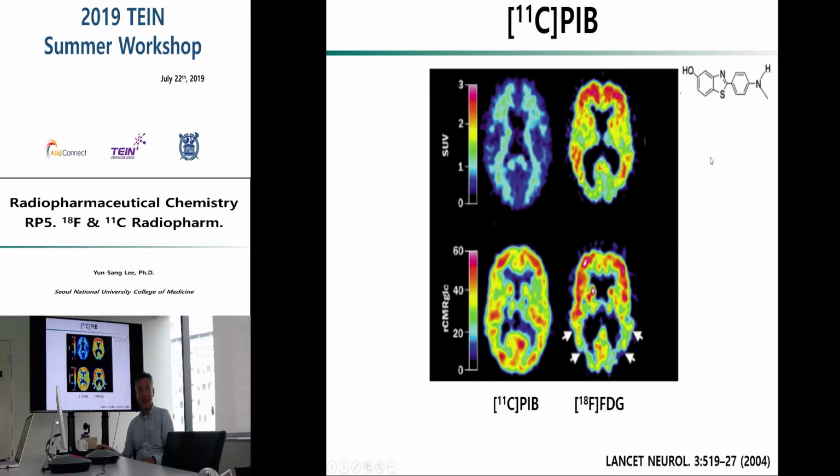Then finally AV1, then AV45, and flutemetamol from GE, and so on. But still, our professor at the hospital, Professor Yu-Kyeong Kim, said that C11 PIB is the best one. So I don't know. Still, we have some opportunity to develop a new F18 amyloid beta plaque imaging agent.